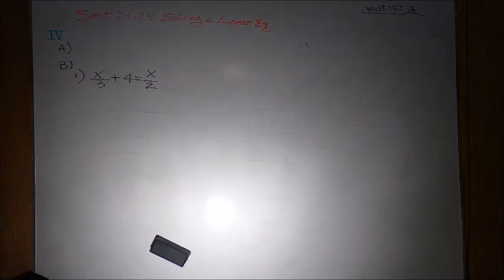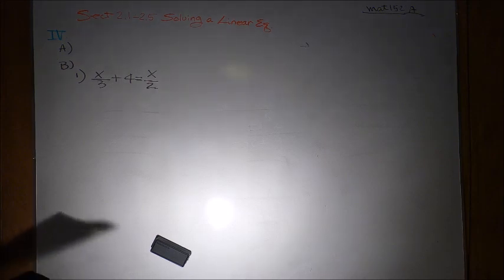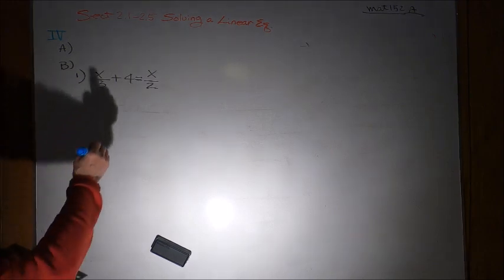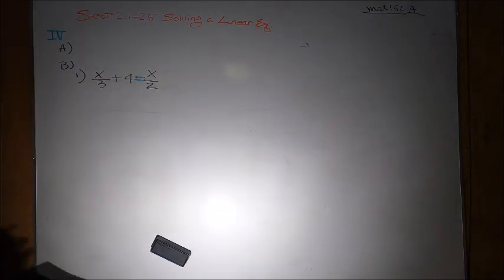Most of you, not quite, right? So for the things we don't like, what can we do? We can get rid of them. By what method can we get rid of the fractions? Because of this equal sign here, if we do one side, we do the other side.